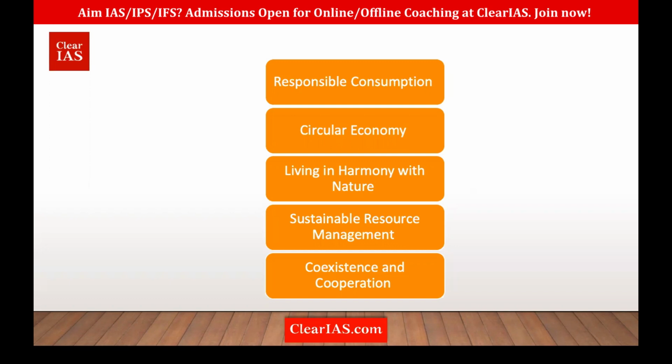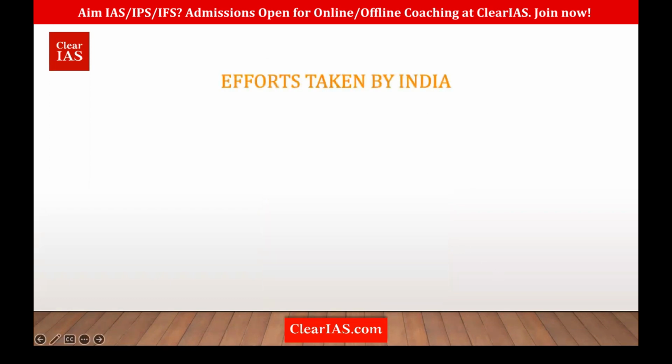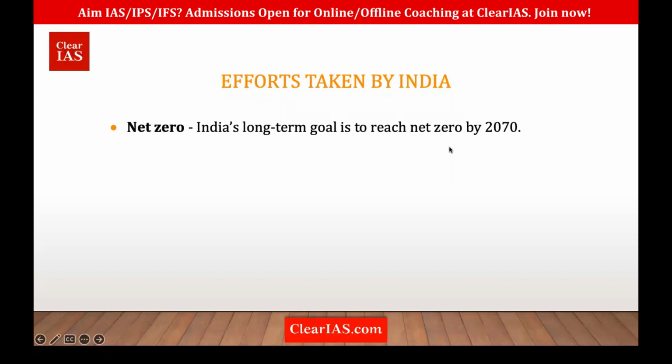Okay. So now we'll move on to the efforts taken by India. So India is telling like, we have done all these things, so we're asking you to do all this. So what has India already done in order to tackle climate change? We have already set a long-term target of reaching net zero by 2070.